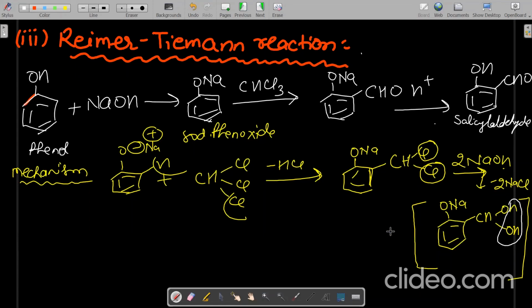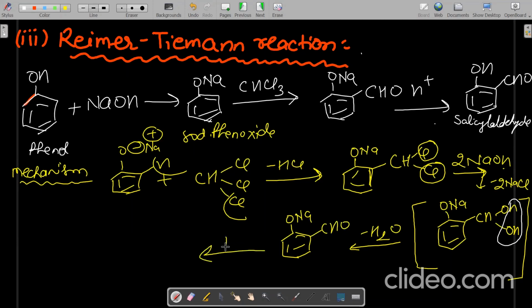So when 2 or more than 2 OH groups are present at the same carbon, there will be loss of a water molecule. So there is a minus H2O. So you can see what is left: ONa and CHO. Only this is left.